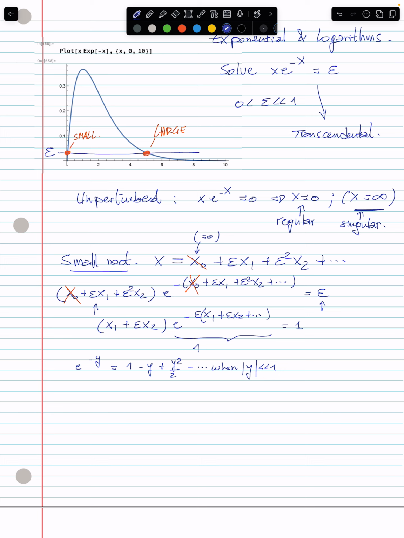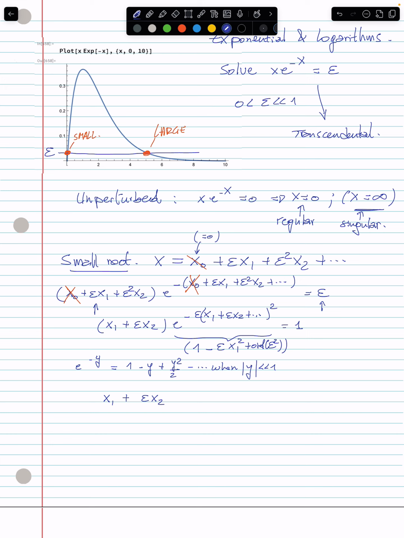So we have here 1 minus epsilon x1, and then certainly there will be terms of order epsilon squared that I don't want to keep, so that the equation becomes x1 plus epsilon x2 squared. I'm sorry for this.